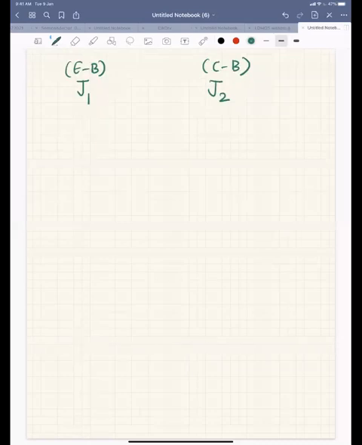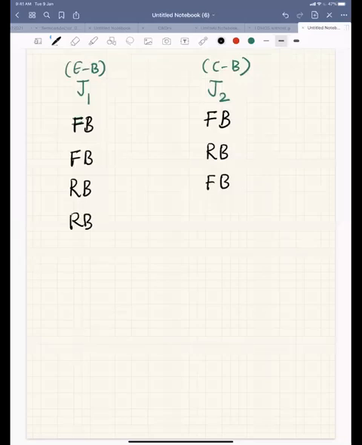Every junction can be forward biased or reverse biased, so I have four options. Either you forward bias both junctions, or you forward bias J1 and reverse bias J2, or you reverse bias J1 and forward bias J2, or both junctions are reverse biased.